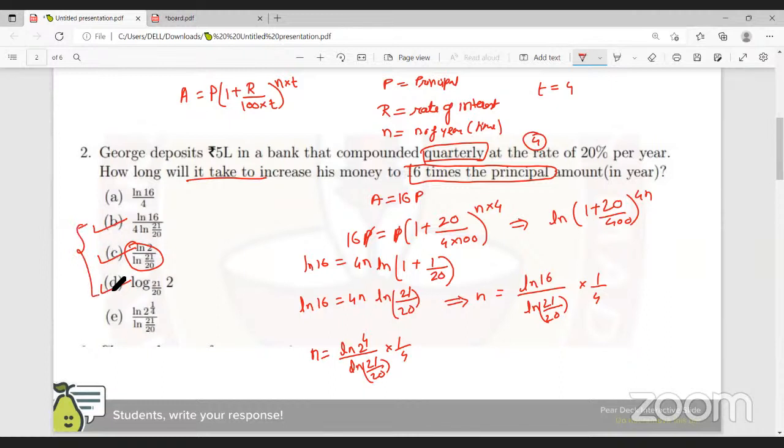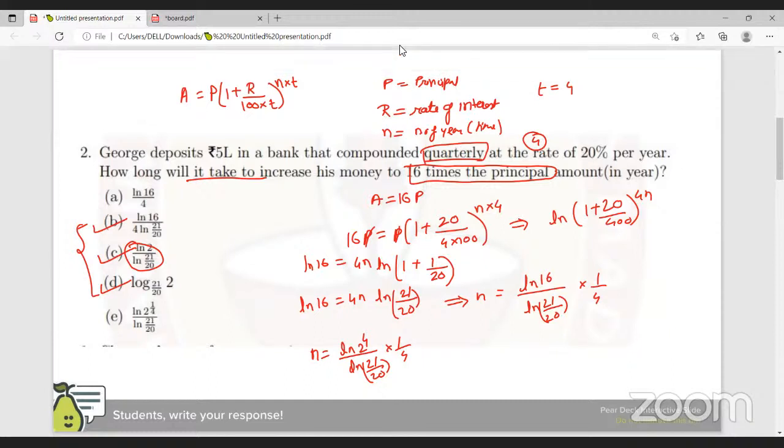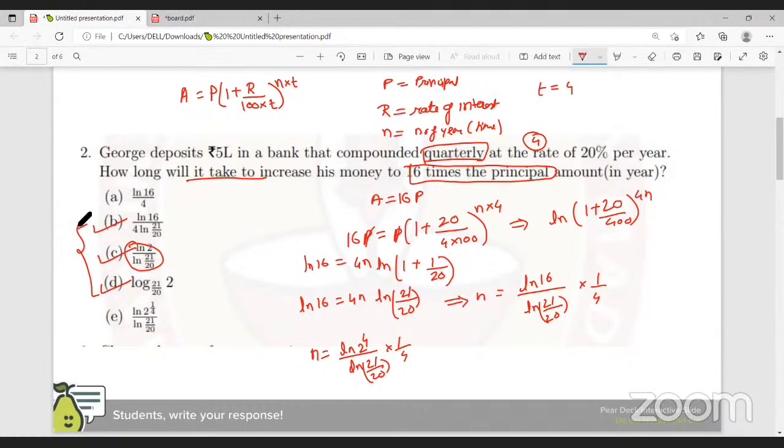Any doubt here? Okay, it is more of a simplification problem, applying the different properties. Now, this is the third question.